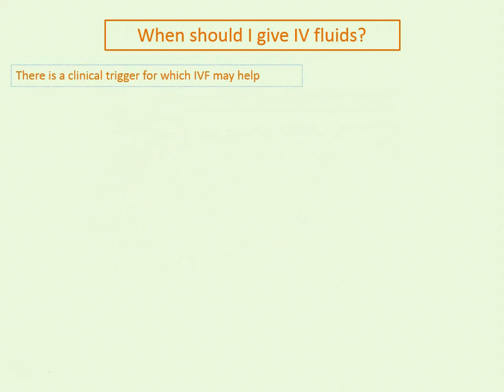So there needs to be some sort of clinical trigger for intravenous fluids when you're considering when to give fluids. And that's usually a drop in blood pressure or a drop in urine output, or sometimes a rising lactate, although I'll refer you to the second lecture of this series.